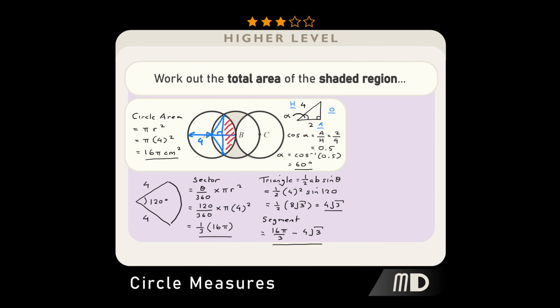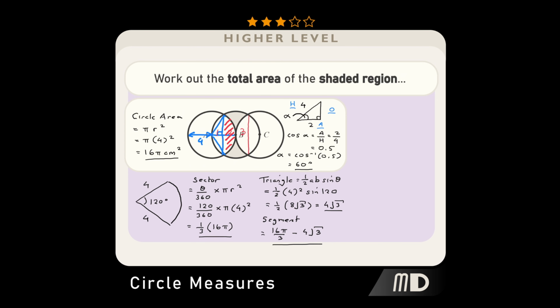The question asked us to find the area of the shaded region, which is the area of the circle less 4 times the area of the segment we just calculated.